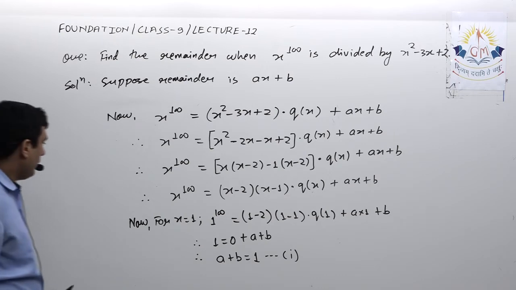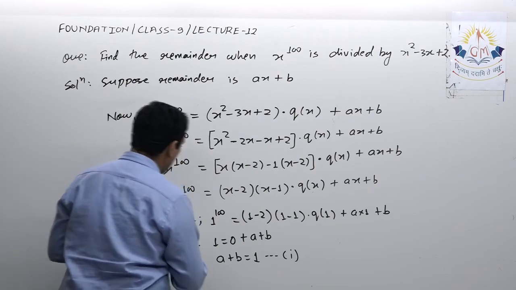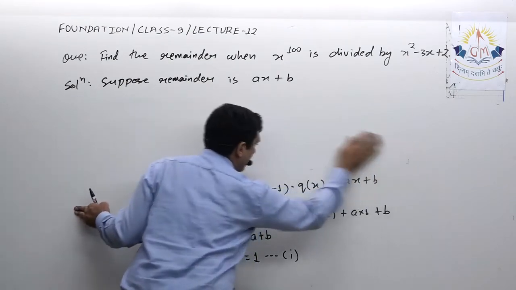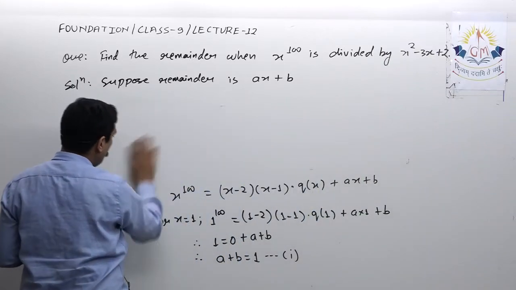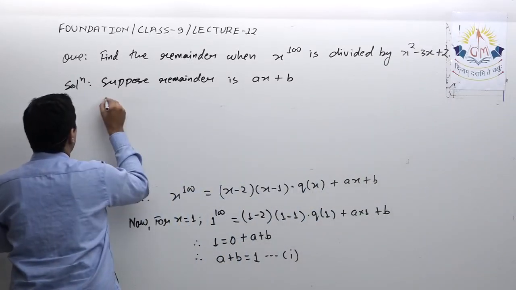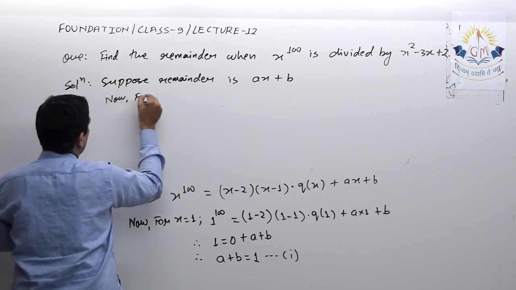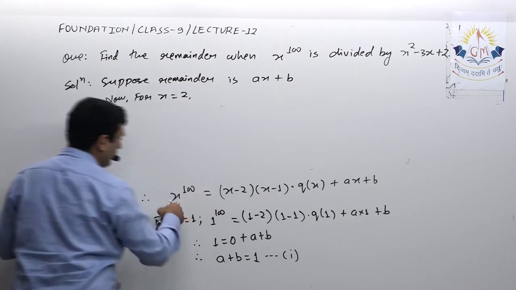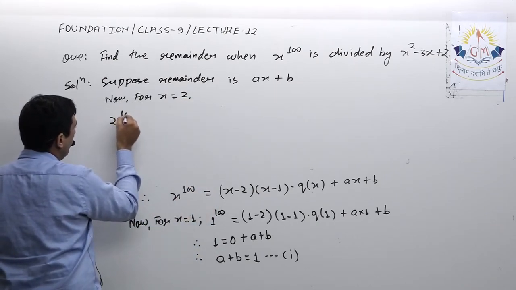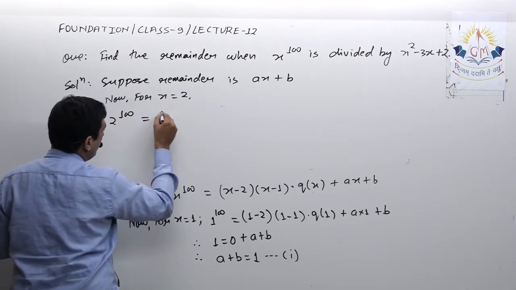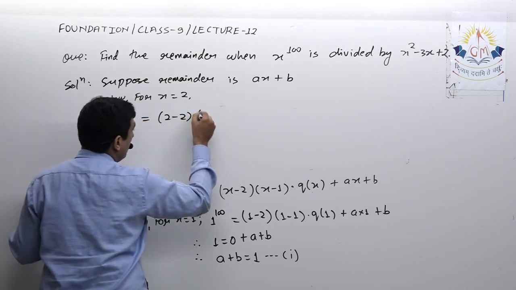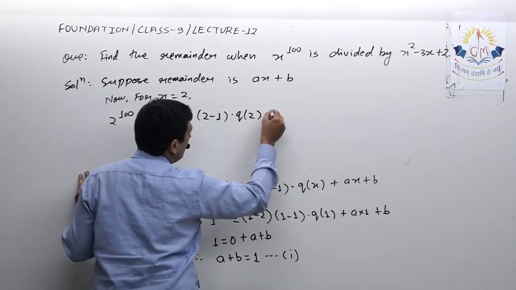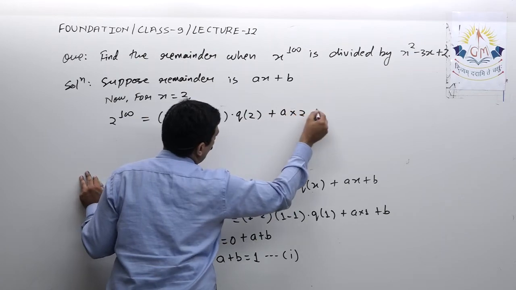Okay, now for x equal to 2, we'll solve the same thing. I put x equal to 2 over here. So 2 raised to 100 is equal to (2 minus 2) into (2 minus 1) into q of 2, plus a into 2 plus b.